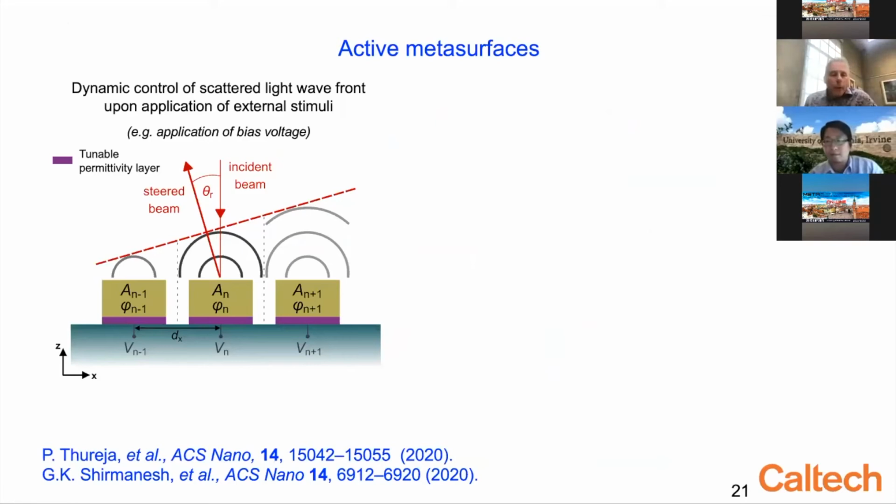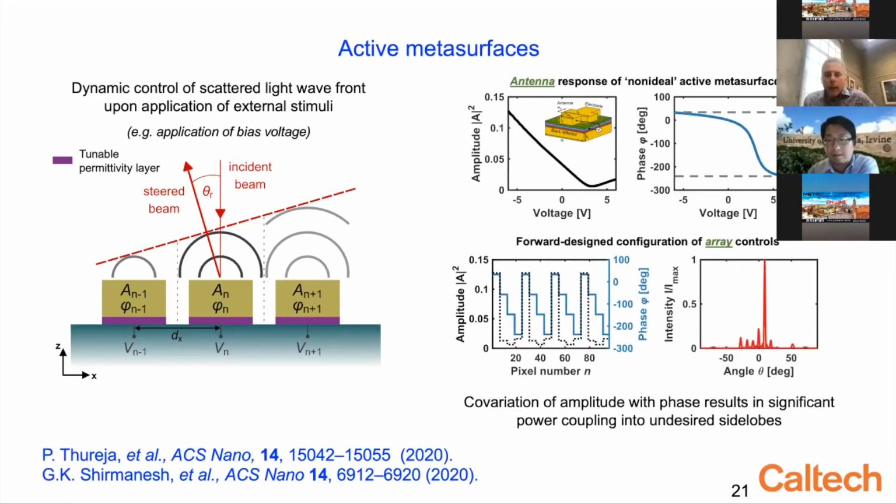Okay, so with an active metasurface, we're using the bias voltage to create phase and amplitude variations among the elements in an array. As I mentioned earlier, we have this unavoidable and undesirable covariation of phase and amplitude, at least in materials that are lossy. Even in lossless materials, you'll see some aspects of this.